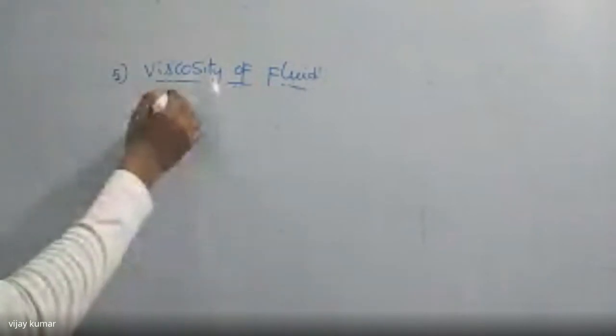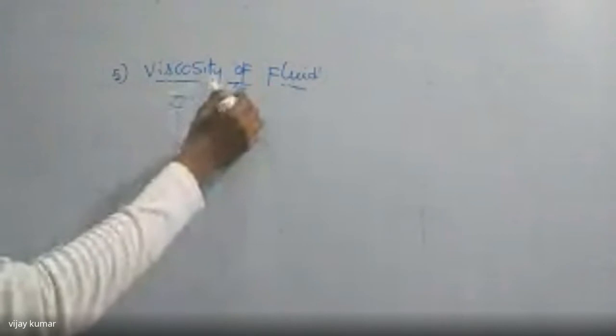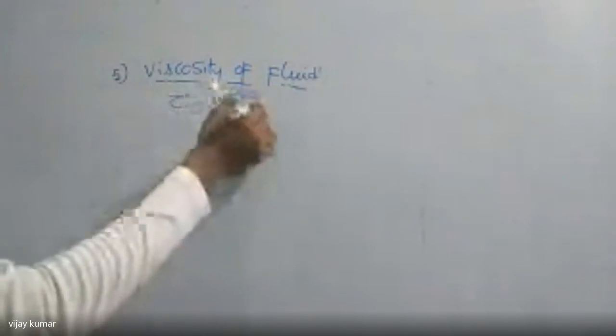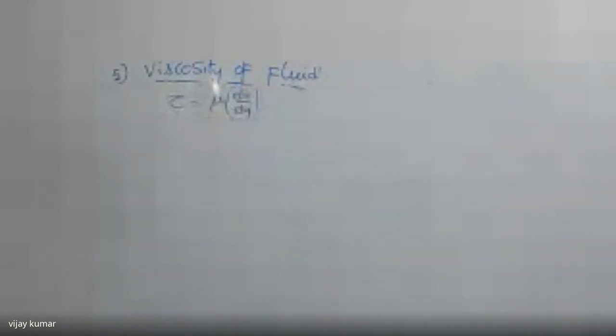The formula tau is equal to mu into du by dy is named Newton's law of viscosity. Is it right or not? Now, what are the types of fluids according to Newton's law of viscosity?